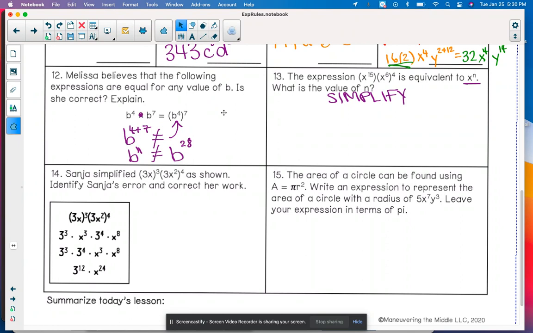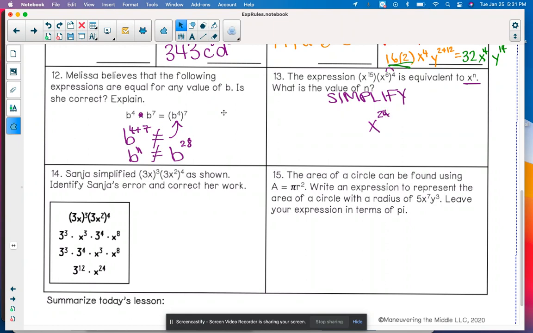First thing we need to do is get rid of the parentheses. So I'm going to distribute the 4 to the 6, which gives us, when we multiply, x to the 24.